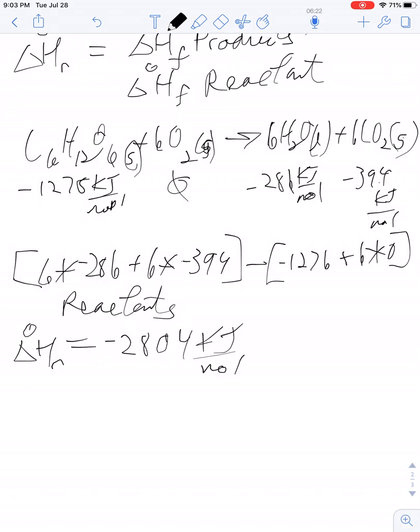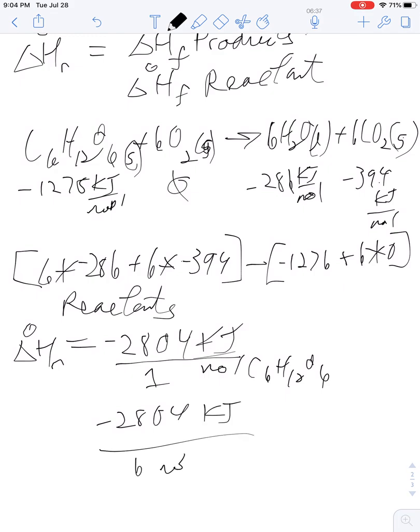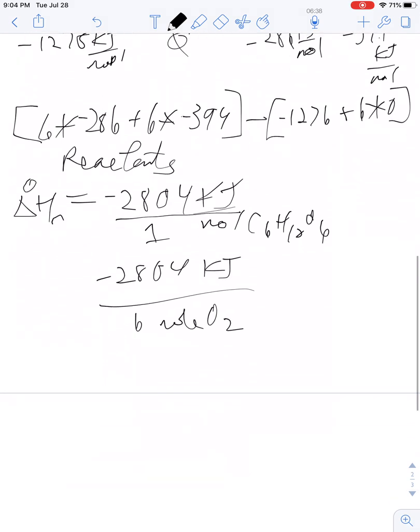Now that per mole is per mole of everything in the reaction. So it's per 1 mole of sugar. It's per 6 moles of oxygen.